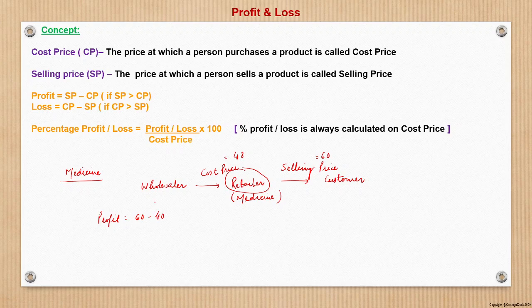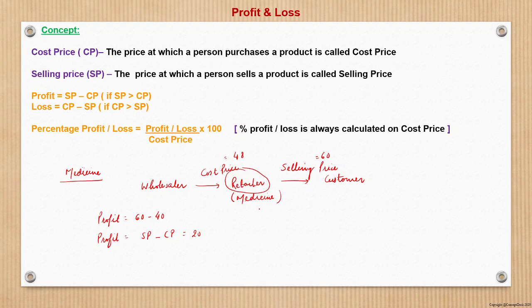Now what is 60 minus 40? That we will see. Can we say then profit is equal to SP, which is selling price? Going forward we represent selling price as SP minus cost price CP, right? So profit here is nothing but 20 rupees.